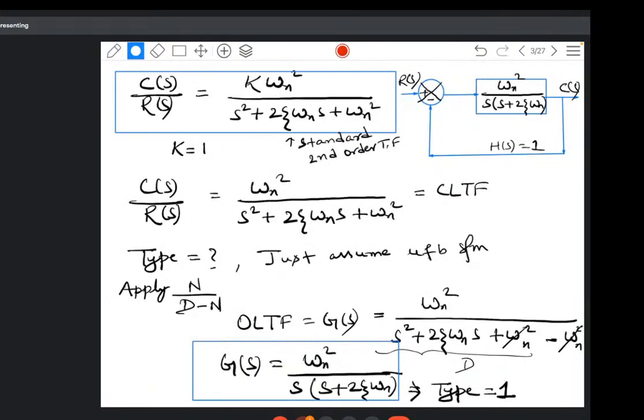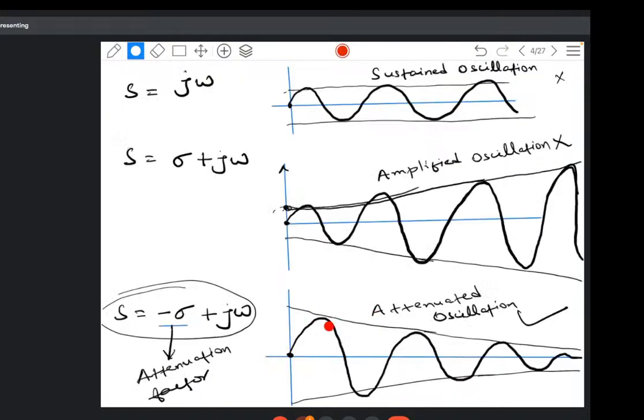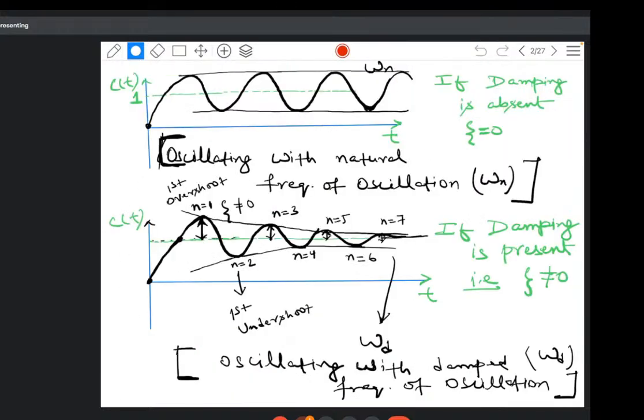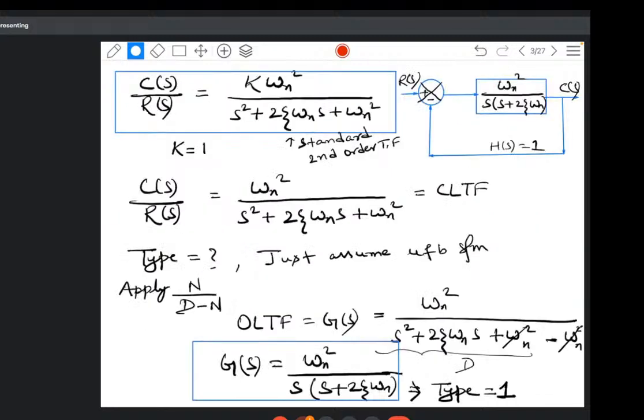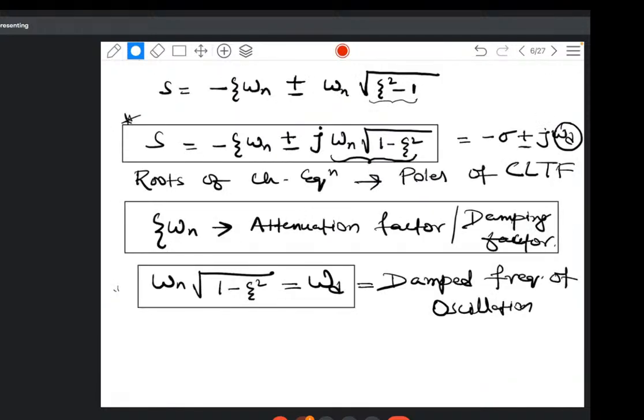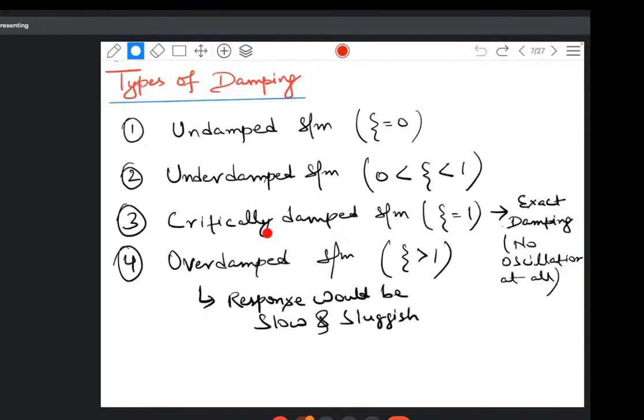Although I am providing the damping, that is zeta is greater than 0 but less than 1, some of the oscillation will remain. Why does it remain? Because the amount of damping is not sufficient to kill all the oscillations. But in the critical damping, what happens is you provide the exact damping that is required to kill all the oscillation.